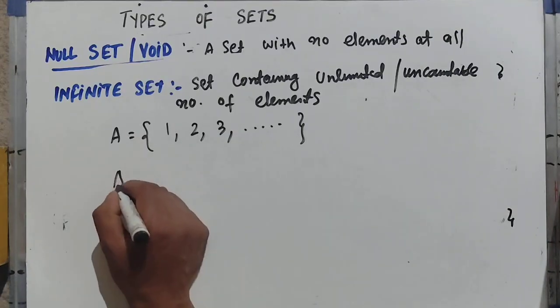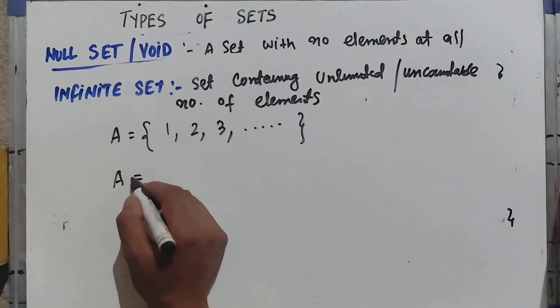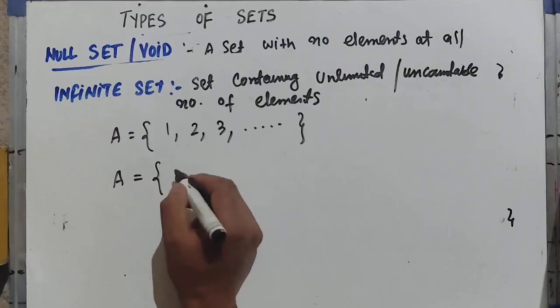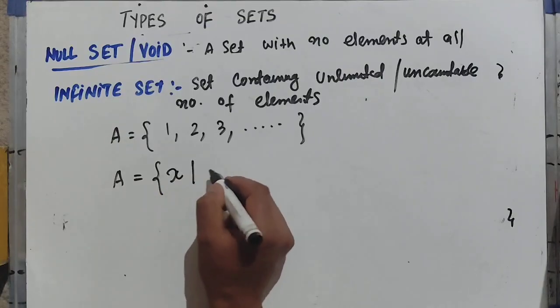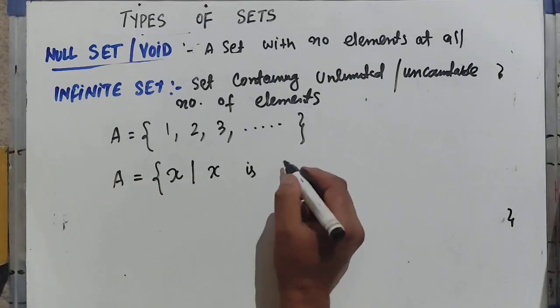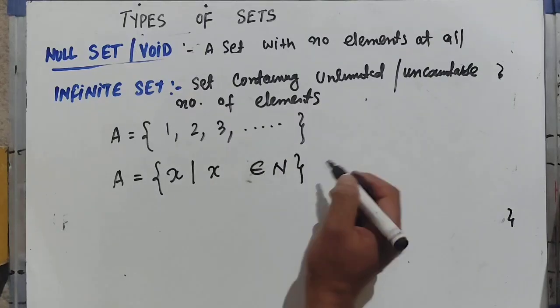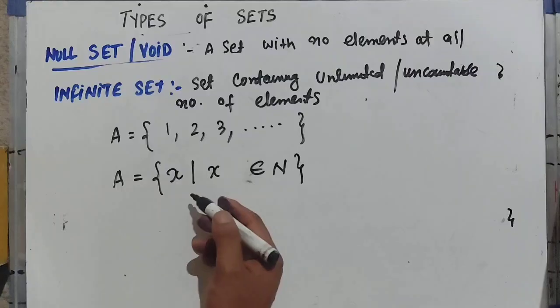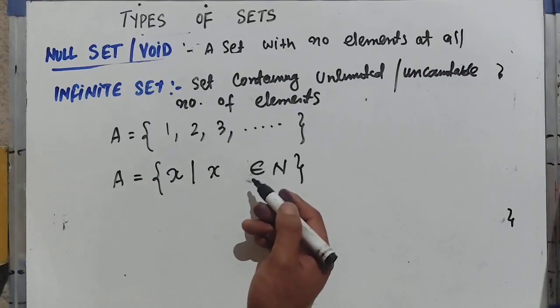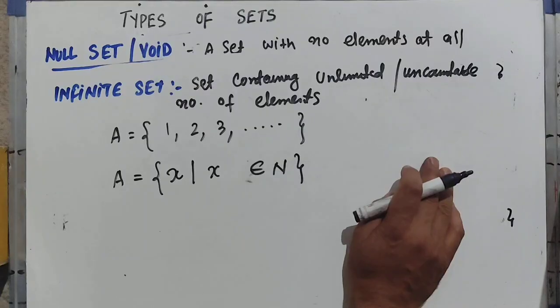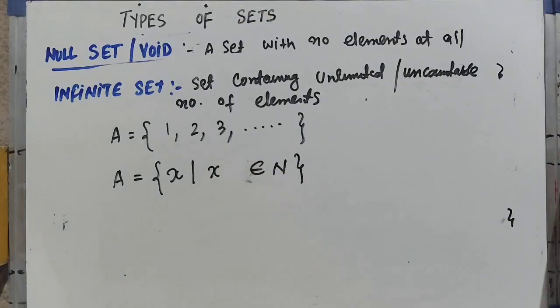We can also write it like this: set A contains all x such that x belongs to the natural numbers. There is no restriction on the number of elements in it, so this is an infinite set. Simple.